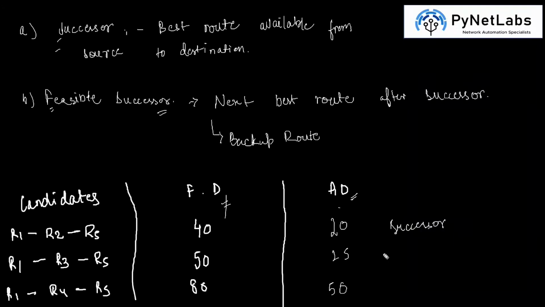Then after that, the next best route, which is this route number 2, will be considered as feasible successor. Do you guys understand how feasible and successor routes are decided among different multiple routes?